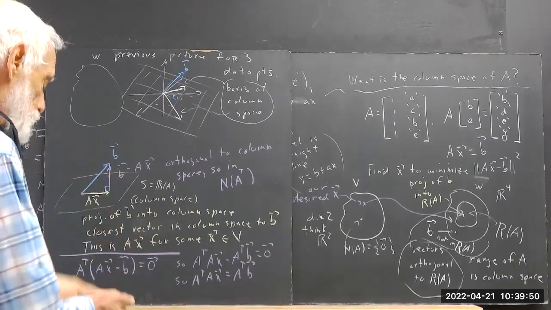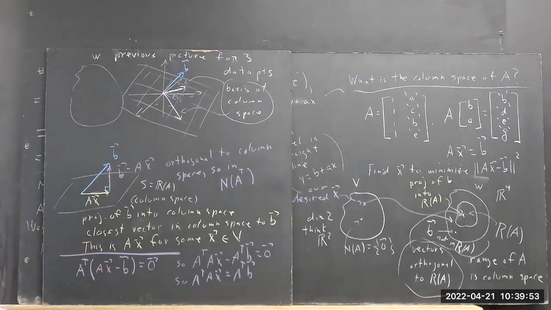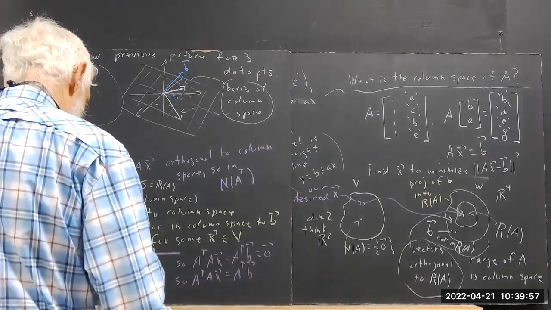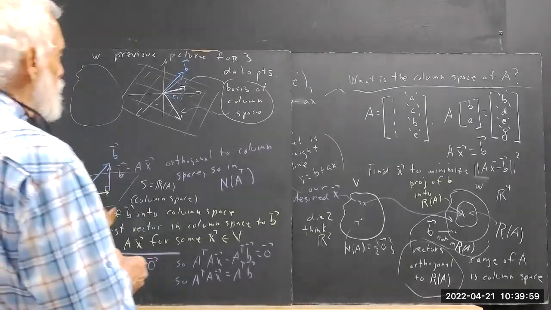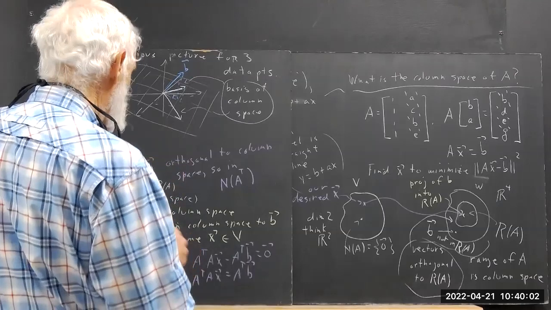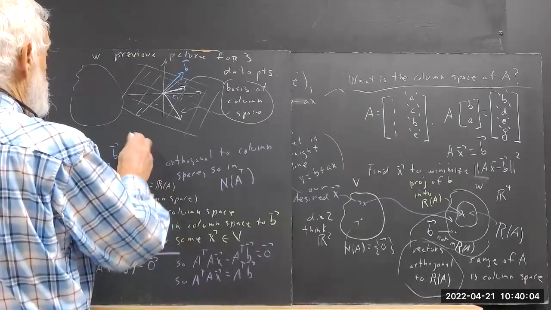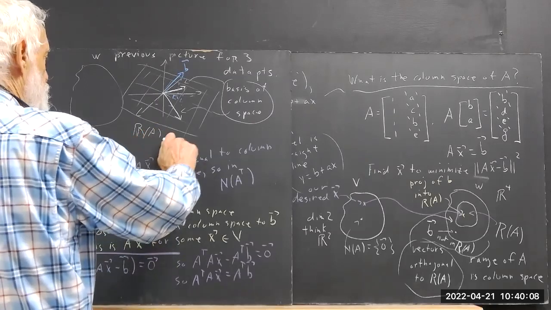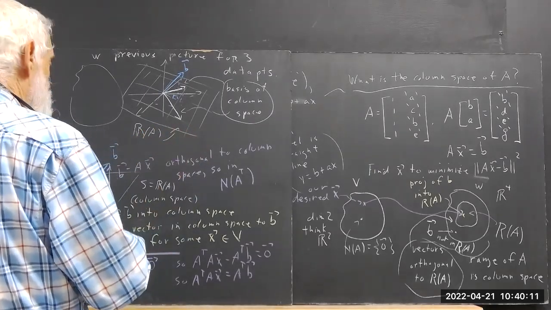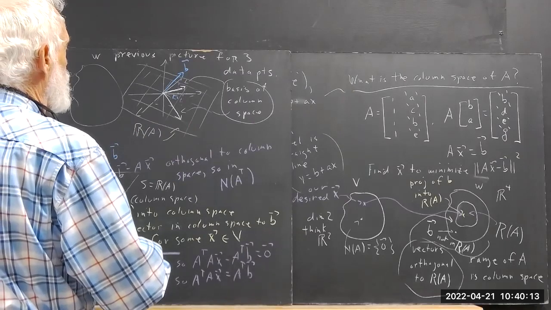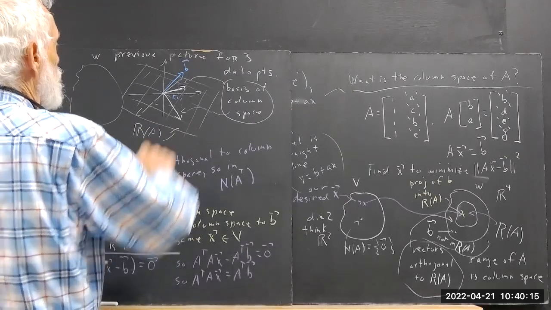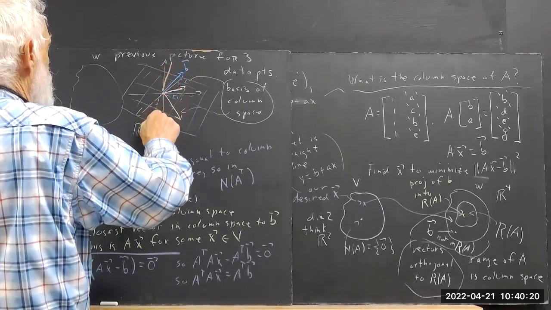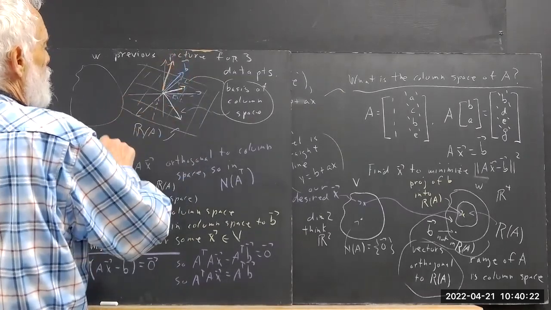So it's as though in 3-dimensional space you've got the column space, which in this case was depicted by a plane, and then you've got the space perpendicular to that, which might be in the direction of this line.